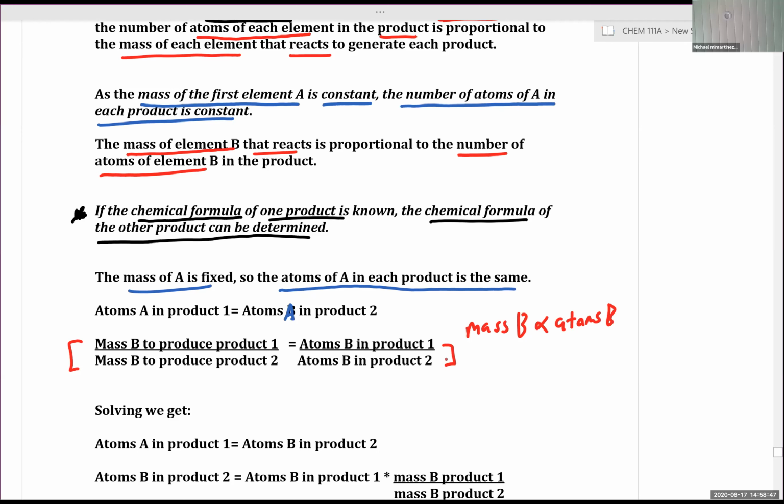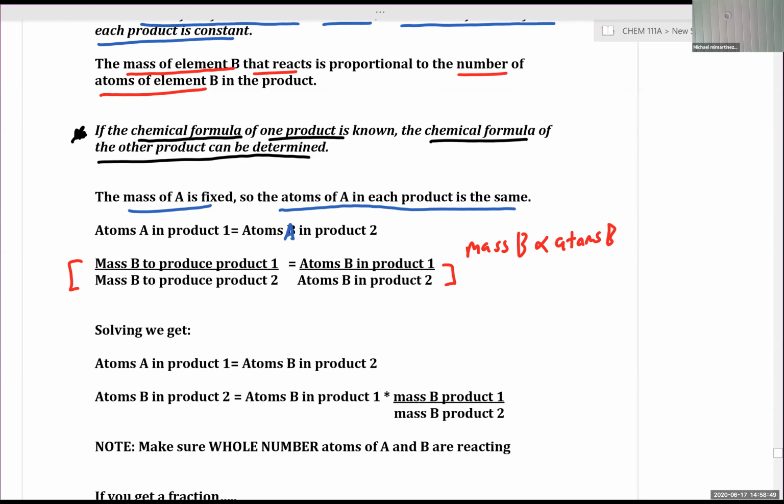So then we can solve this equation to get the atoms of element B in our product. Number 2 is equal to the atoms of element B in product 1 times the mass of element B in product 1 over the mass of element B in product 2.